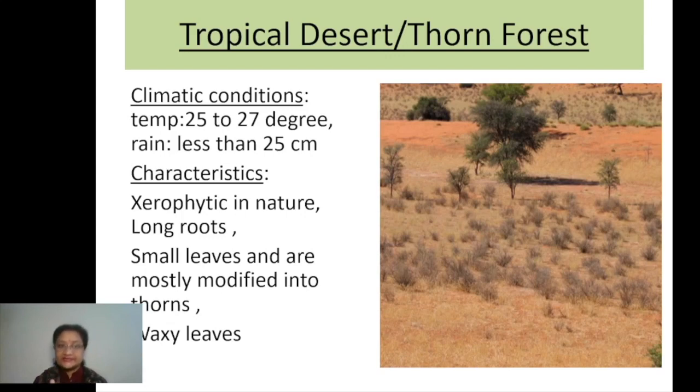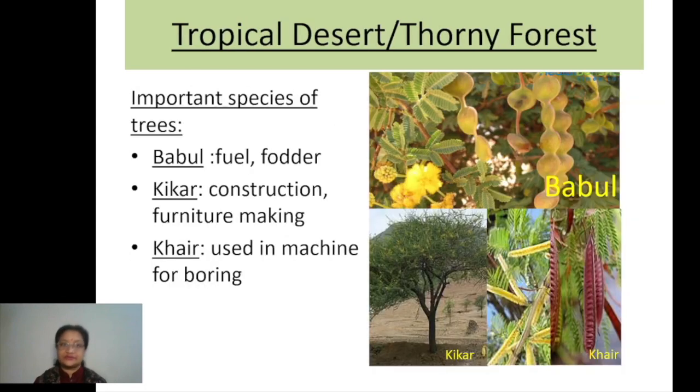In this way they can save water for some time, because if the size of leaves increases, that will increase transpiration also. So loss of water will be there, and that is very risky for these plants and trees. So these are a few adaptations we can find in all these trees.